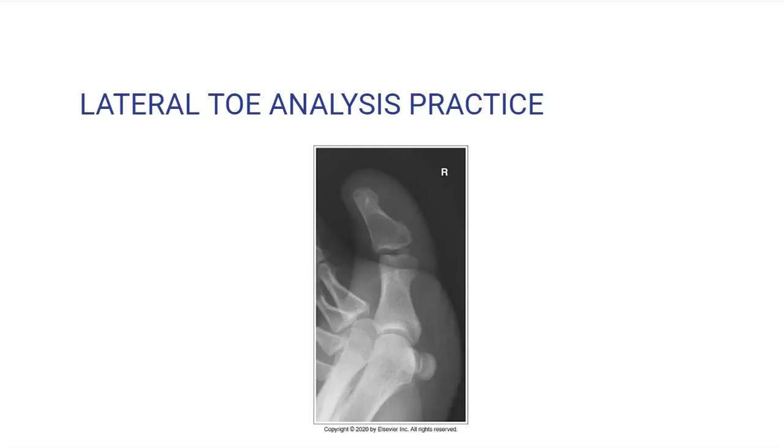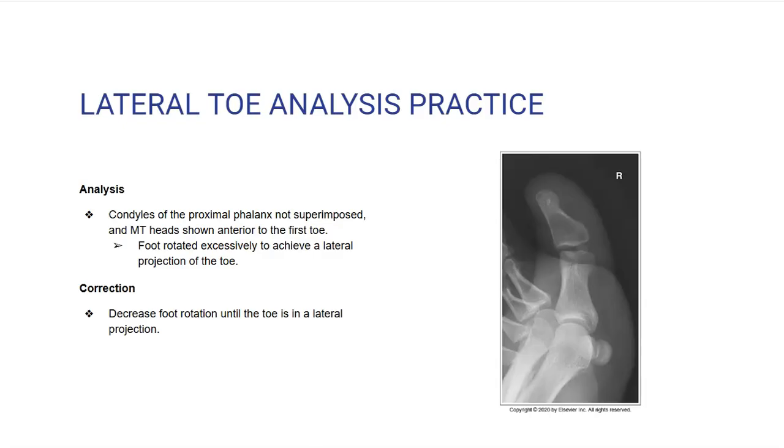Go ahead and review this next practice analysis and answer the following question. In this lateral toe projection practice analysis, there are a couple of misalignments here. As you can see, the condyles of the proximal phalanx are not superimposed. The metatarsal heads are demonstrated anterior to the first toe.